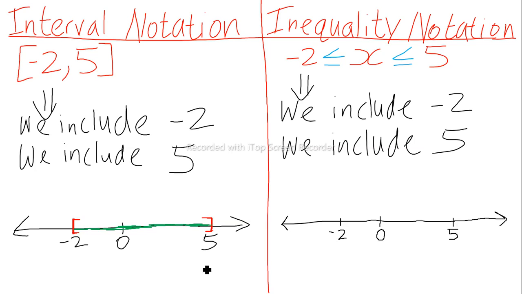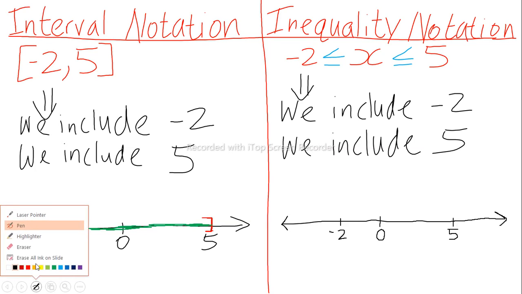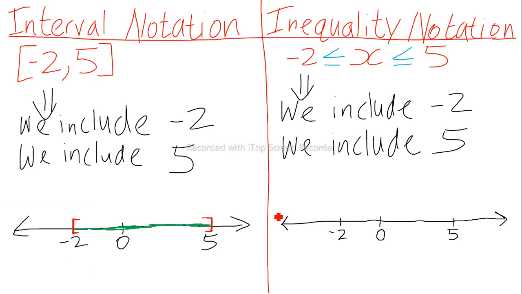What we're going to do is put a circle above the negative 2. How do we know that? Because we're dealing with negative 2 here. And we put a circle above 5 because we're dealing with 5. Then we are going to shade it all in.